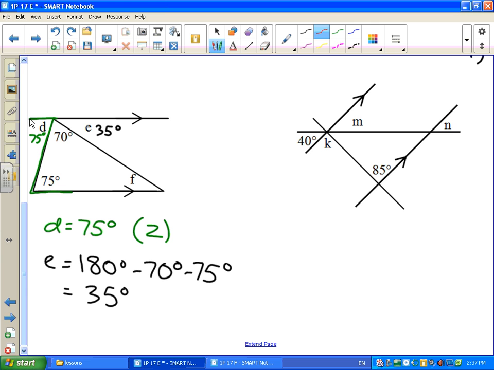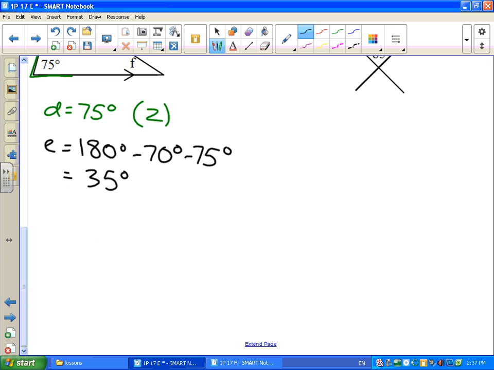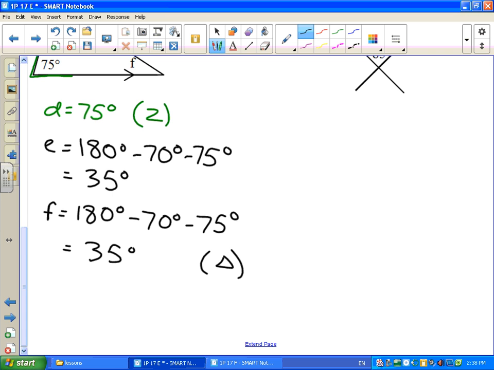Yeah, you could do the triangle, seeing that F, the 70 and the 75 have to add up to 180 degrees. So let's do that. Using our triangle, we know that F is going to equal 180 minus 70 minus 75. That gets us 35 degrees. And we can say that this is due to, we'll just draw a little triangle in here.